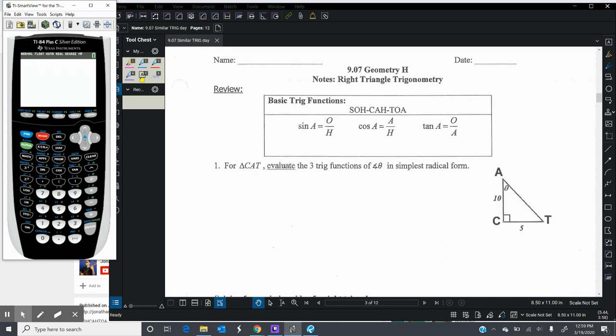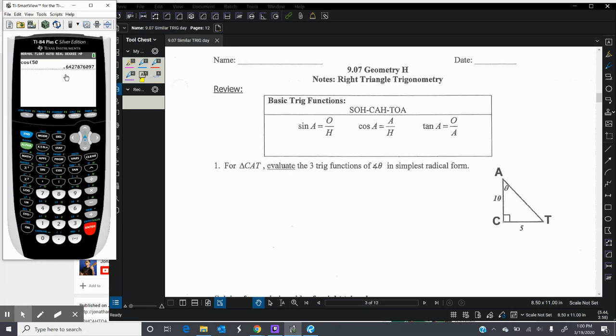And if you just want to test typing in cos, C-O-S, that's just the three letters that stands for the word cosine. So you're going to hear me switch between cosine and cos a lot, and tan versus tangent. It means the same thing, it's just its abbreviation. But if we type in cos 50, we should all get the decimal equivalent of 0.6427. So all of these are ratios.